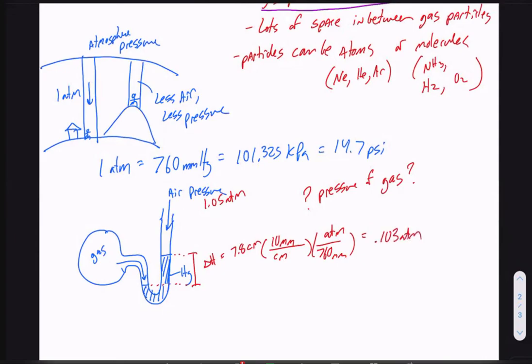So therefore, P gas is greater than P air. So the pressure of the gas is equal to 1.05 plus 0.103, so 1.18.